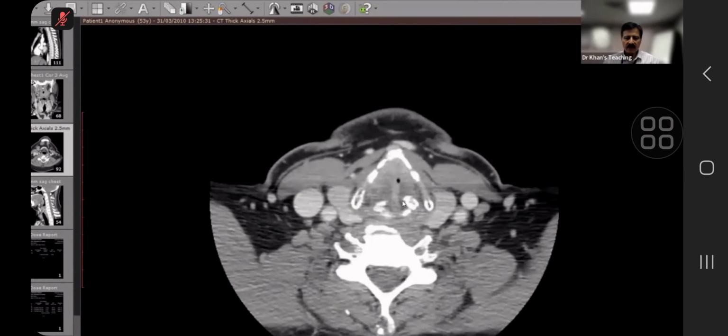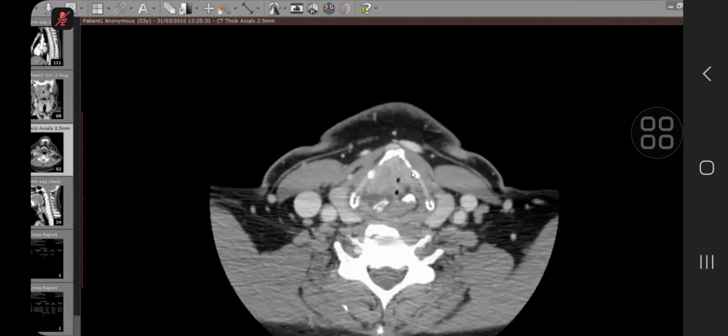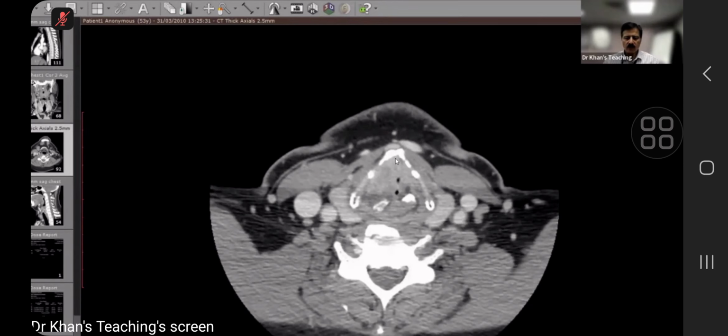Now what is happening here is that anteriorly, actually the tumor is passing through the anterior commissure and going to the left side. Even here, you see this? Yes, sir. Here and here also. This anterior commissure should be, please don't move the mouse. Now I'm moving the mouse.